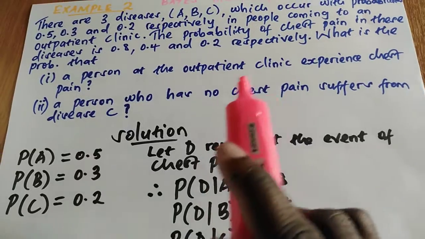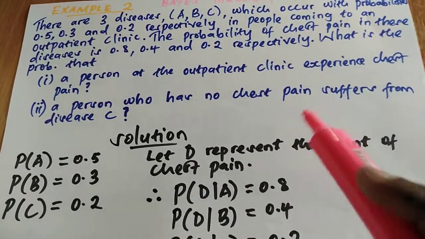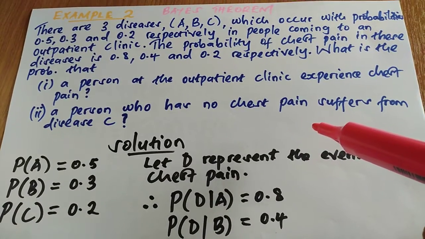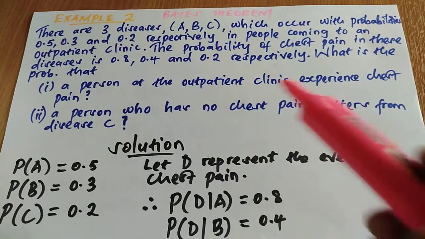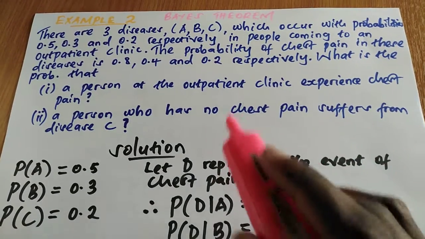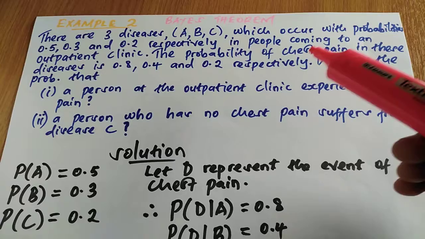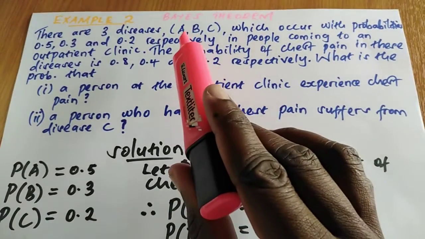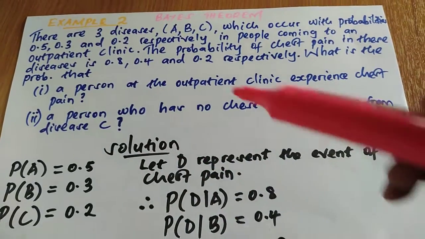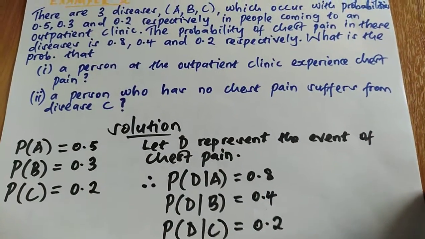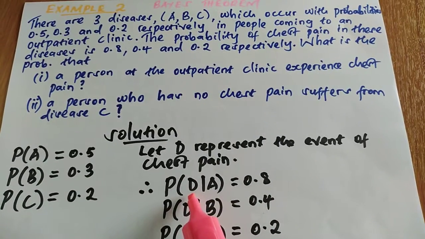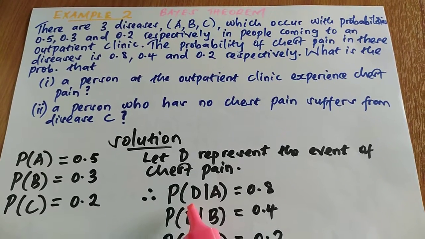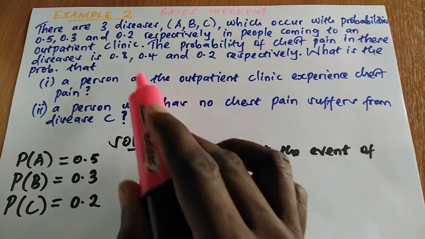So the probability of chest pain in these diseases means the probability that a person has chest pain given that they have disease A, or disease B, or disease C. In that logic, the probability of D, that is, the probability that a person has chest pain in disease A, is 0.8 as stated.